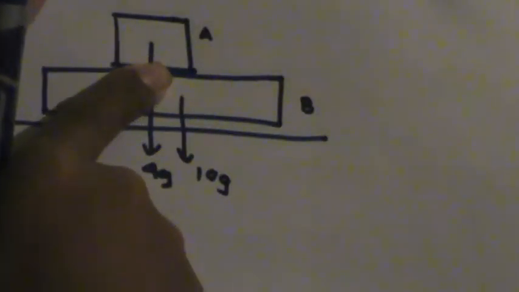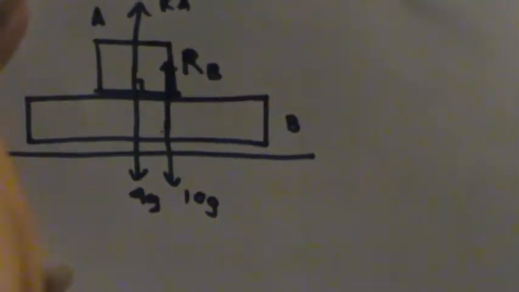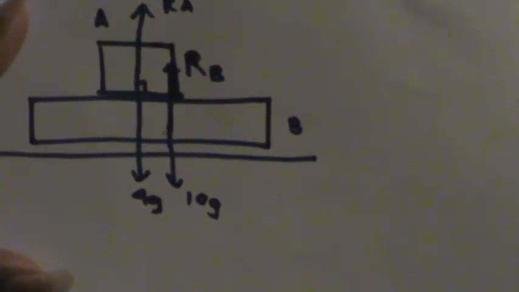The normal force of this mass is Ra, and this mass is Rb. So this is Ra, this is Rb. Those are the vertical forces.